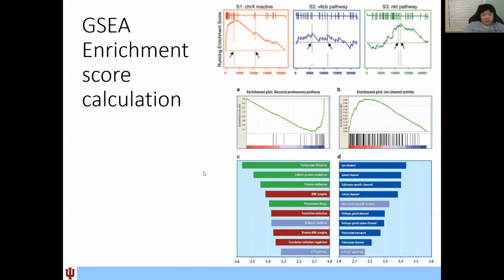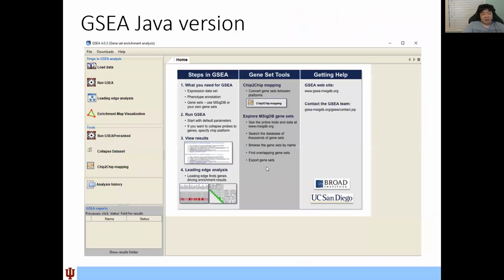Okay, so that's basically all the theoretical part of GSEA. Currently, I recommend two approaches to people who are not from a programming or computational background.